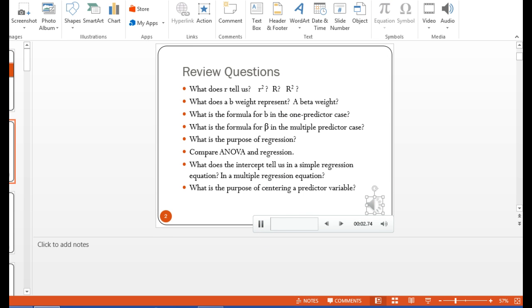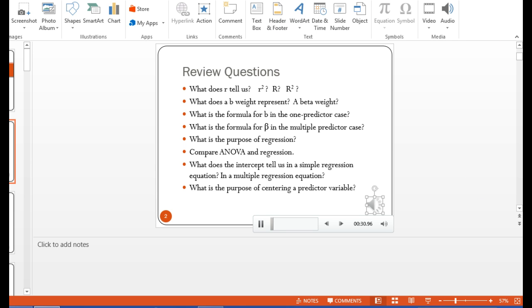Before we add new content to our knowledge base, let's first go over what we've learned in the previous couple of weeks. So the first question is pretty basic. We want to know what these R's mean. So we have the small r's and then we have the large R's. The small r's give us an association between two variables, just in the bivariate case. So the little r tells us the strength of an association between an x and a y variable.